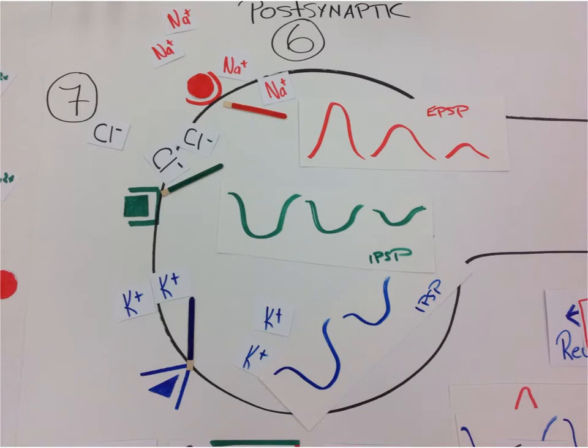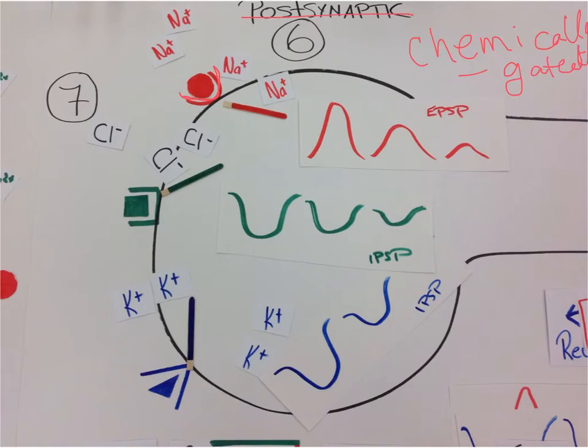Once these neurotransmitters have diffused across the synaptic cleft, they are going to bind to specific receptors on the postsynaptic membrane. This again will be in the dendrites or the cell body of the postsynaptic cell. So here we have three different receptors. We have a receptor for a neurotransmitter that is going to open up a chemically gated channel. So this is the key thing here now, is that all the channels we've looked at so far were voltage gated.